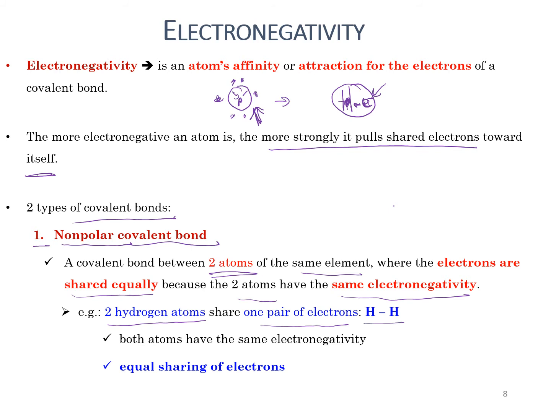Both atoms have the same electronegativity. This hydrogen atom will pull electrons toward itself, and that hydrogen atom will pull electrons toward itself. So they will share an equal amount of electrons, equal sharing of electrons.